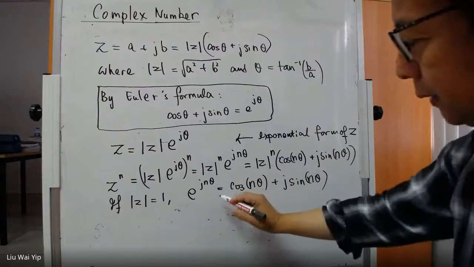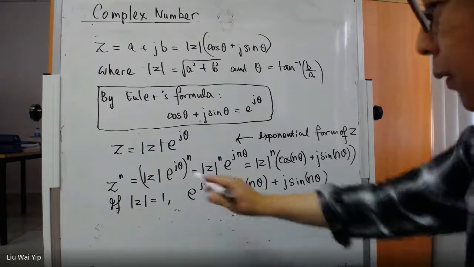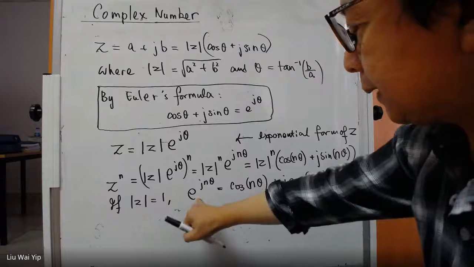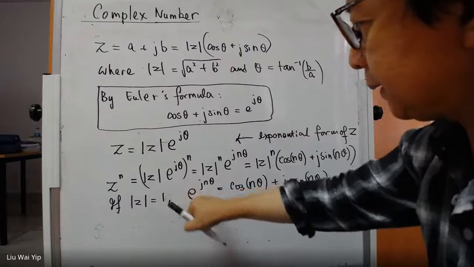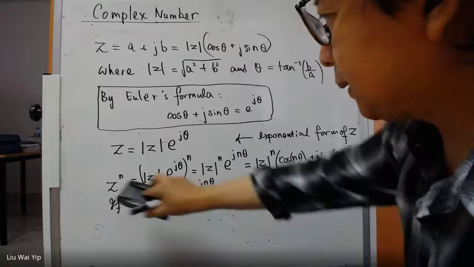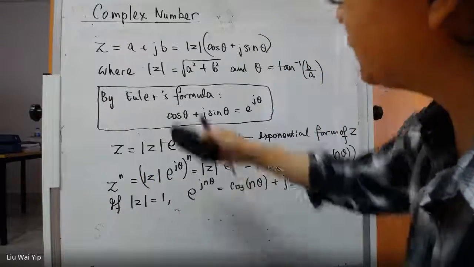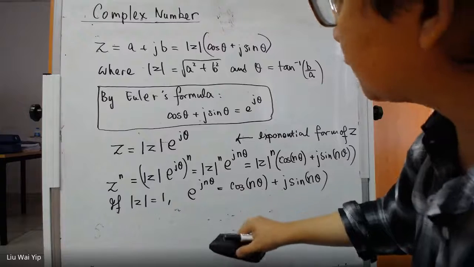And this thing is so-called... now, how about the right side? The right side doesn't have to be expressed in exponential form. It can be Z^n, and what is Z^n? Z^n is just the original complex number.